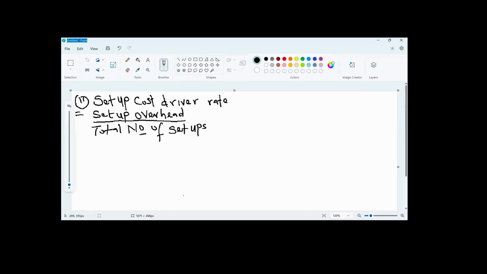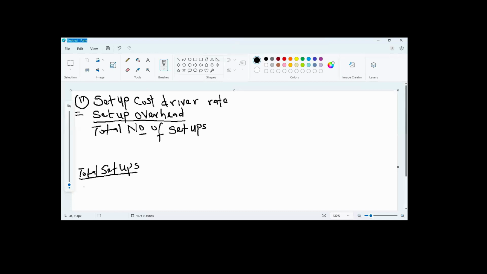We now go to the question. Of course, the overhead will be given to you. The overhead will always be given to you. I need to now get total setups.